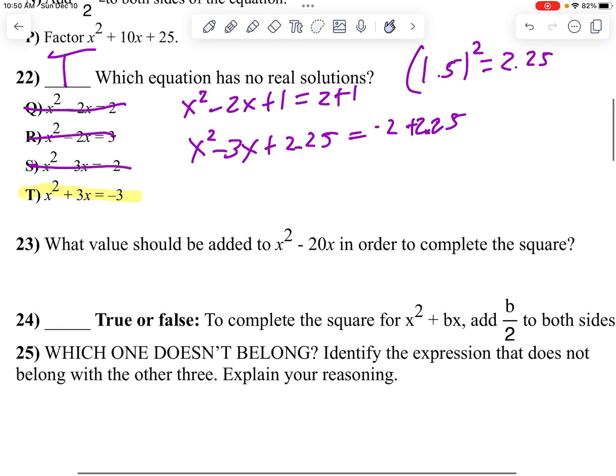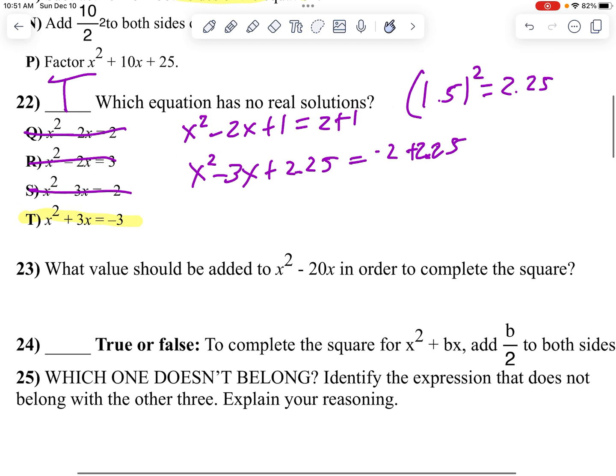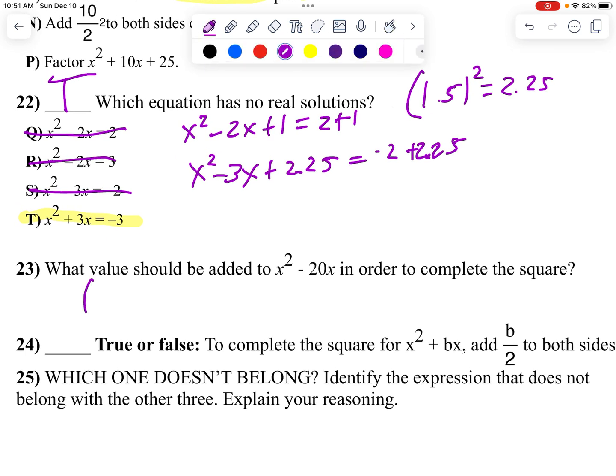Okay, on number 23, what value should you add to x squared minus 20x to complete the square? Well, if I take half of negative 20 and I square that. Well, half of negative 20 is negative 10. I square that, that would be 100.